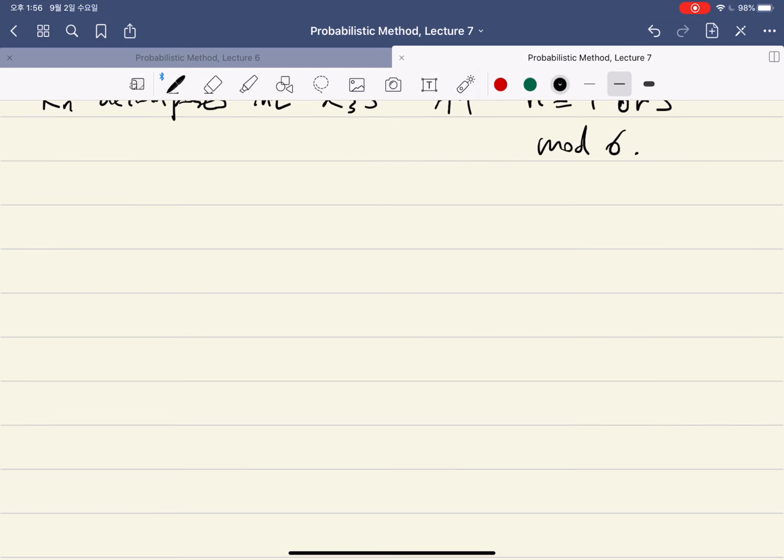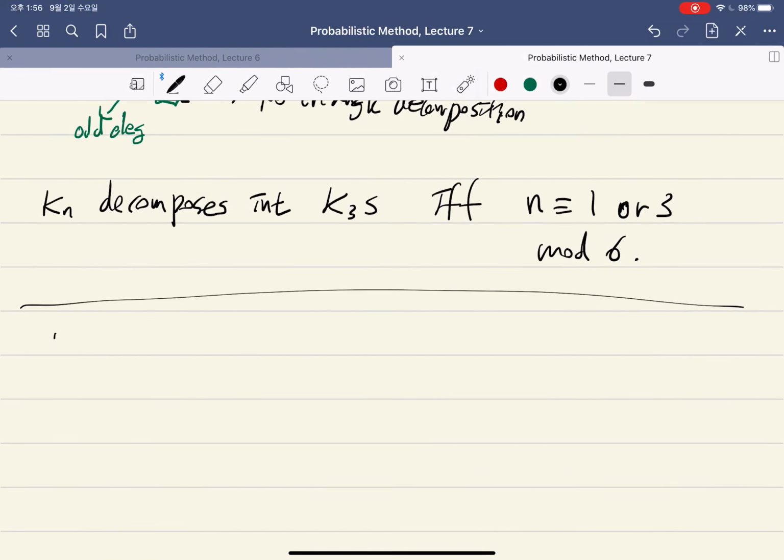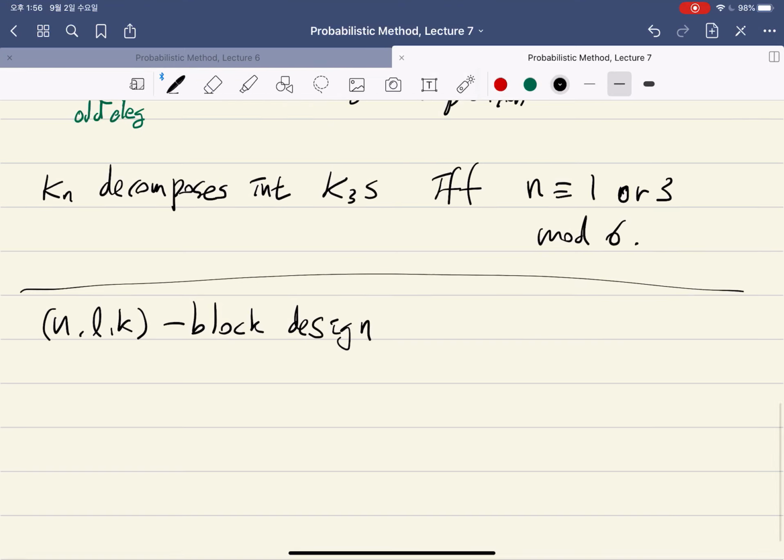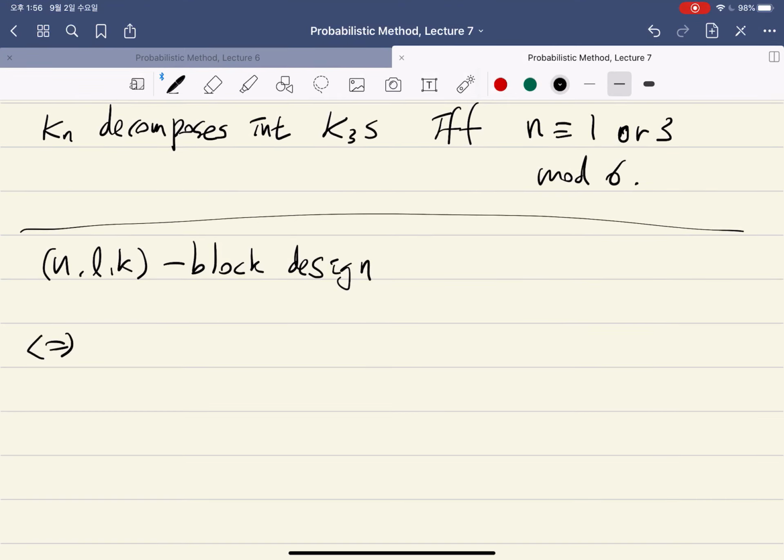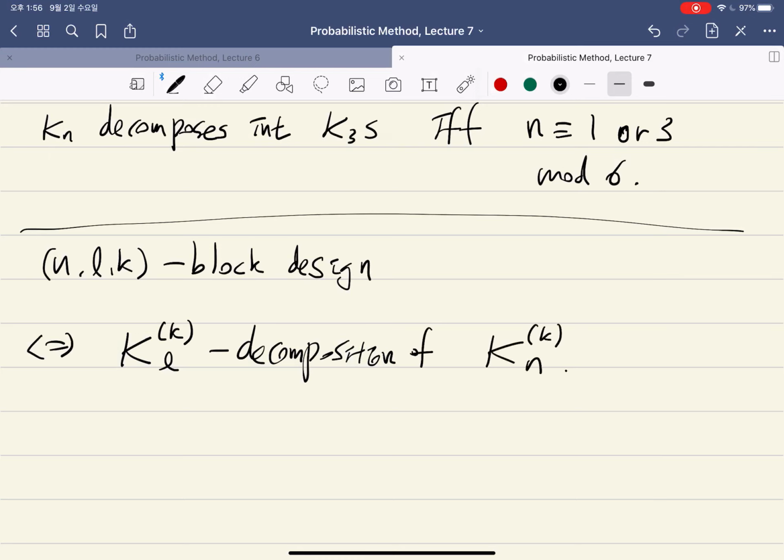In general, if you consider an (n, l, k) block design, it's actually the same as a decomposition of the complete k-uniform hypergraph on n vertices into complete k-uniform hypergraphs on l vertices.